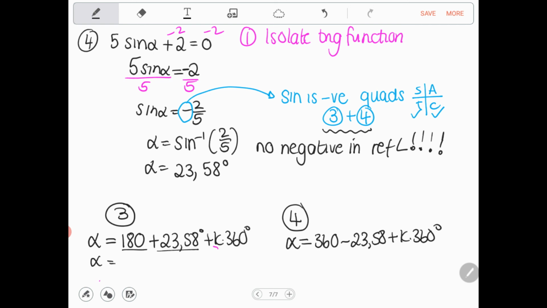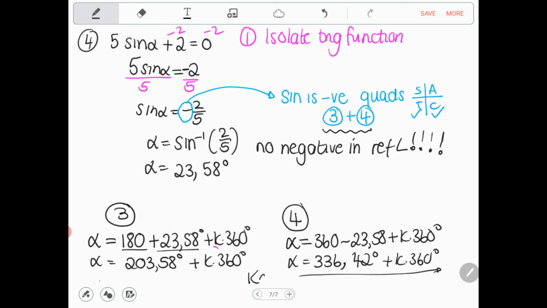So this is going to be 203.58 plus k lots of 360. And this one's going to be 360 minus 23.58, which is 336.42 plus k lots of 360.